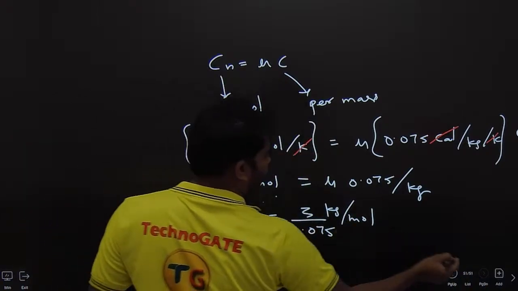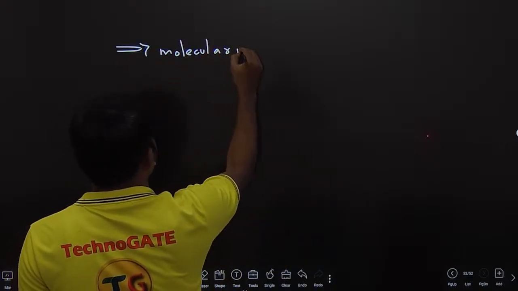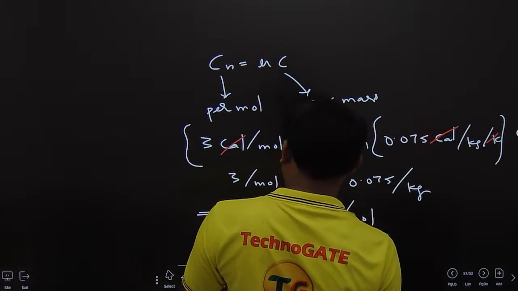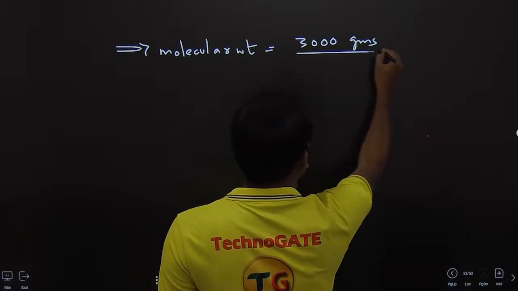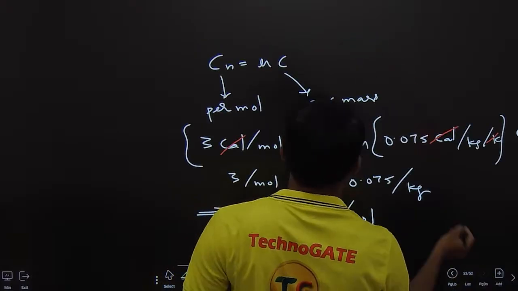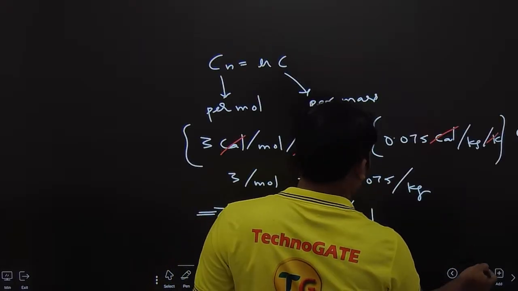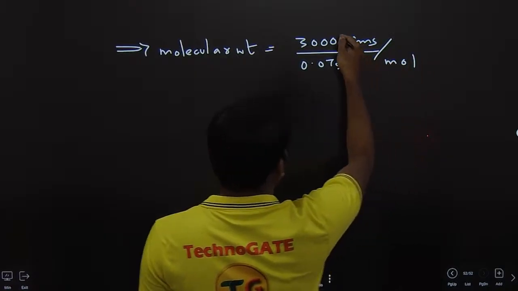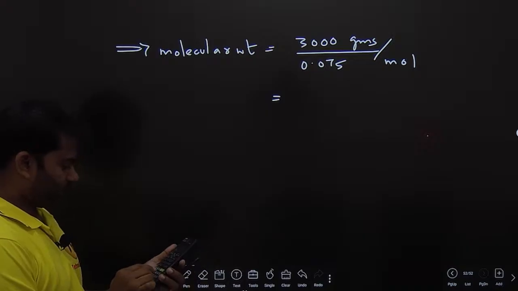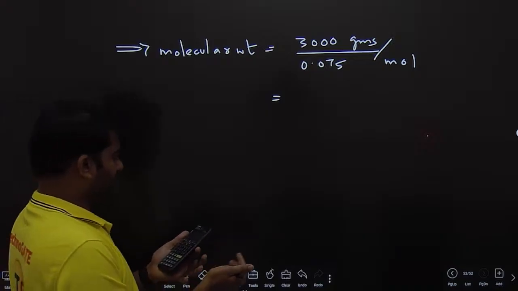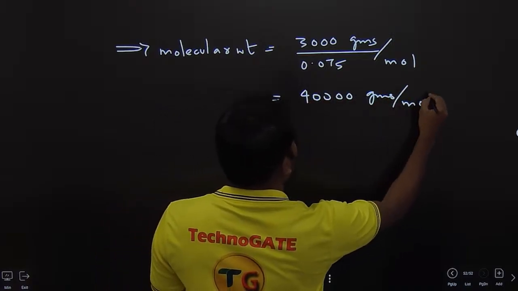So this implies molecular weight is equal to 3000 grams by 0.075 mole. So this much grams is there per mole. So this will become 3000 divided by 0.075. So it is 40,000. 40,000 grams is there per mole.